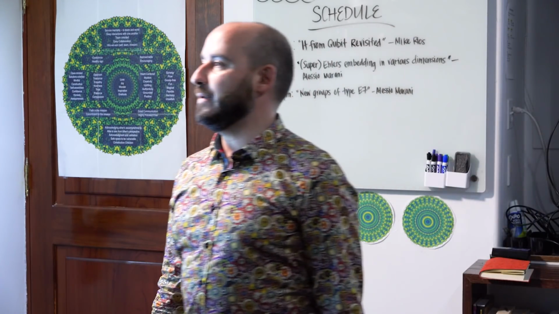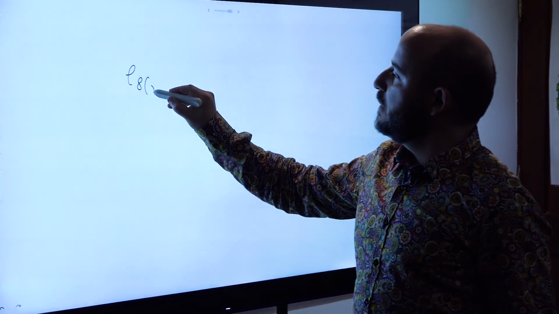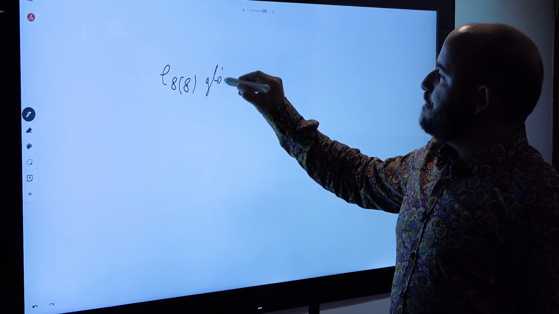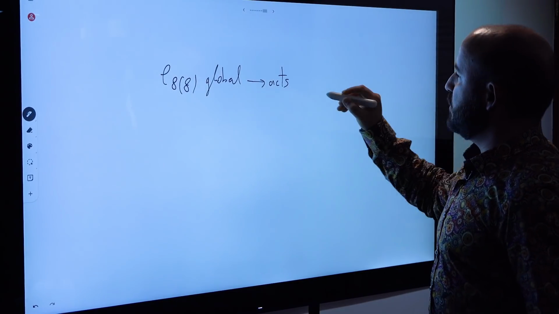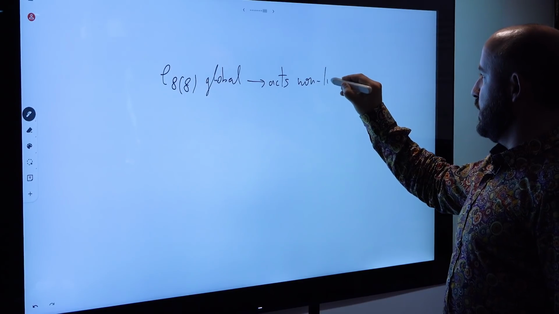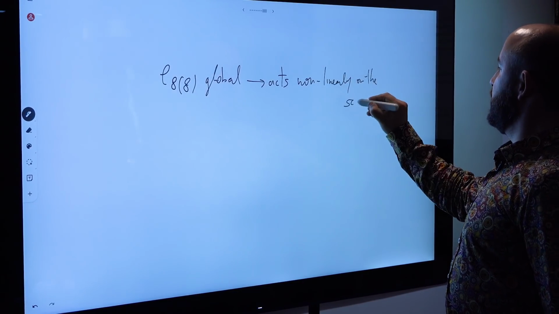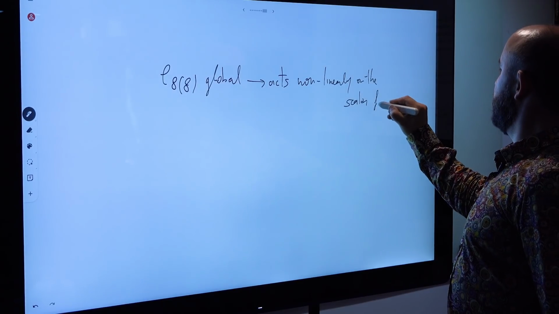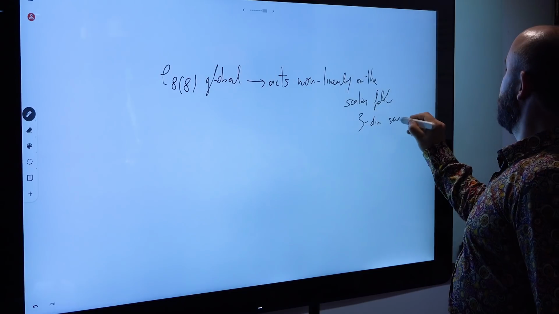The point is that E8 is a global symmetry, but it acts non-linearly on the scalar fields of 3-dimensional supergravity.